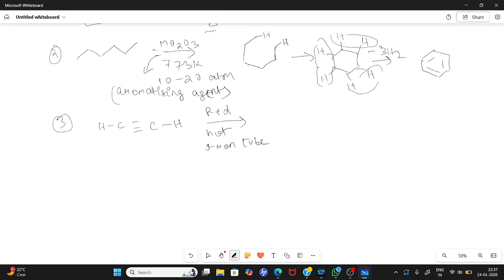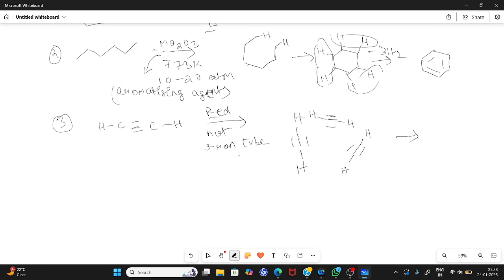So what happens here is, when you carry out this reaction at elevated temperatures inside a red hot iron tube, these units come closer to each other. You see, this is one ethyne unit, this is another ethyne unit, and this is another alkyne unit.